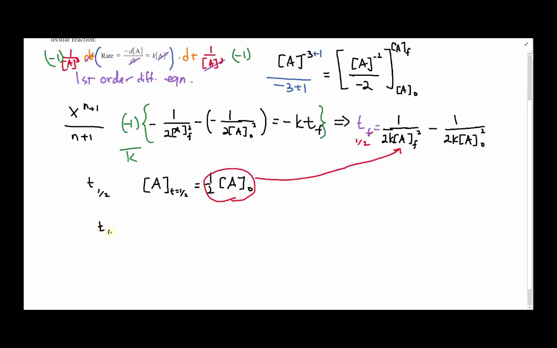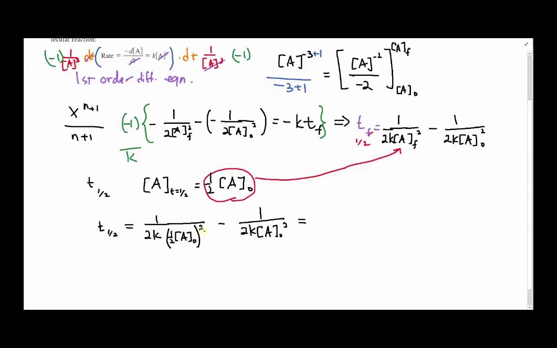So I have t-half equal 1 over 2k times 1/2 A initial, and you have to square that. Make sure you put the parentheses around. That 1/2 has to be included in the parentheses, minus 1 over 2k. You just copy it.